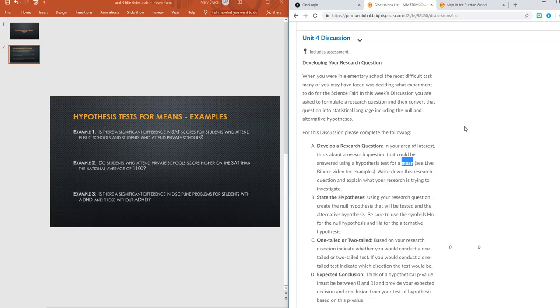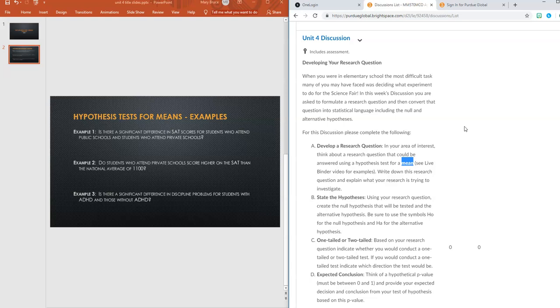When we get to some of the latter weeks of the course, I think Unit 8, and we learn how to do a chi-squared test, you'll get more into percentages. And there are many different types of tests that exist for percentages, some even beyond the scope of this course. But right now we're going to focus on quantitative variables and means. And for the next few weeks, we'll be learning different types of hypothesis tests specifically for comparing means. So that's what we want you to focus on.